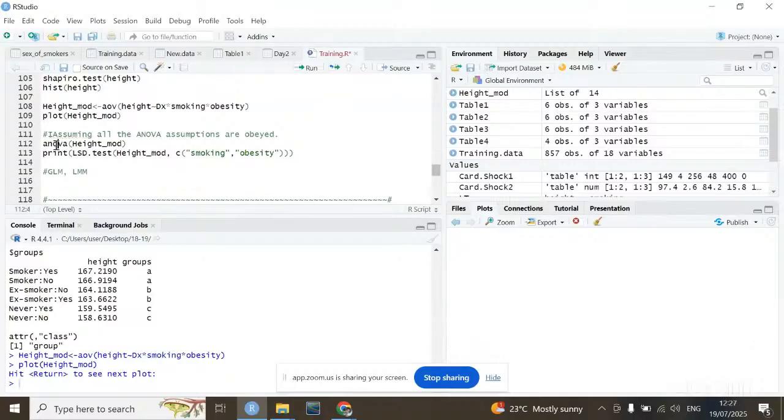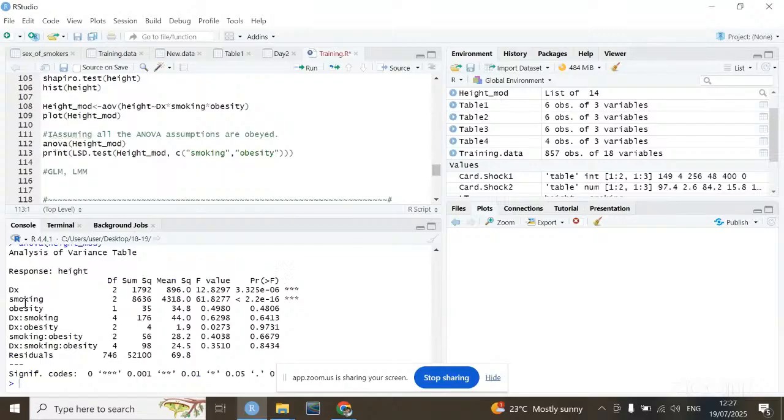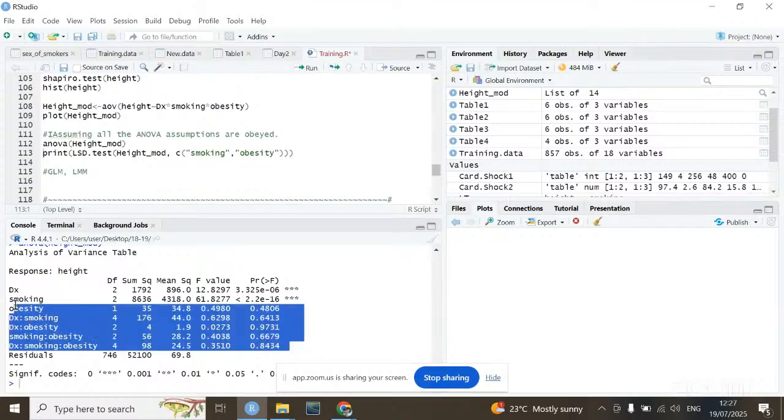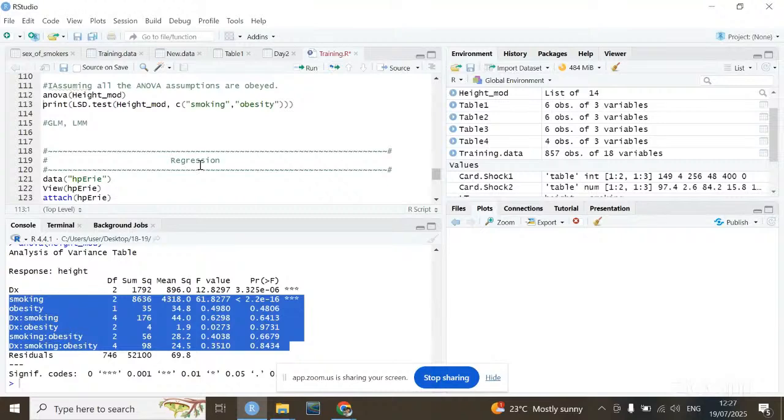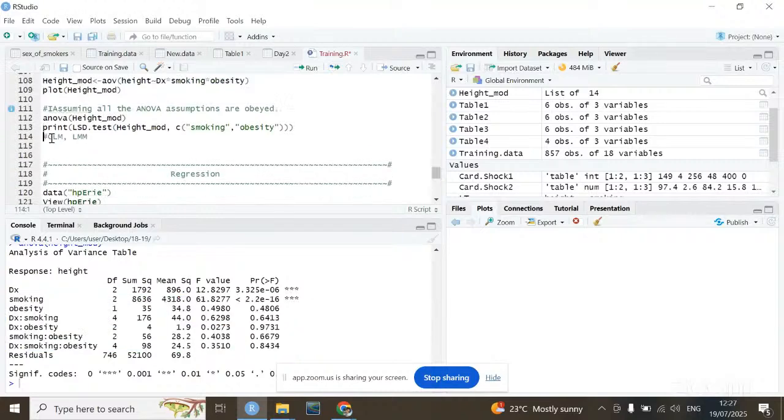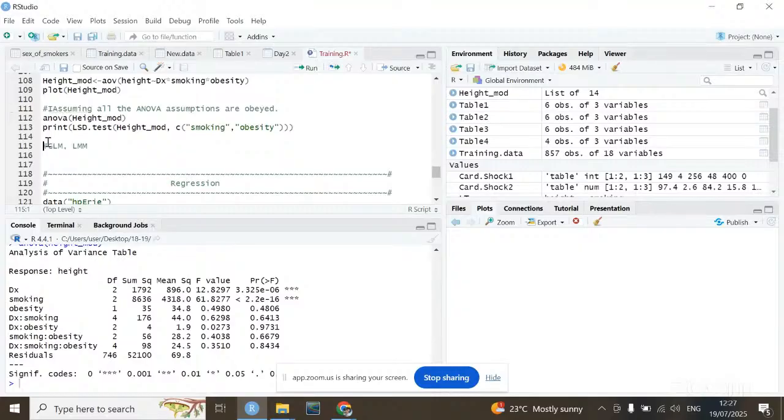When we look at the ANOVA, here we see there's no interaction. So let us start with the linear model.